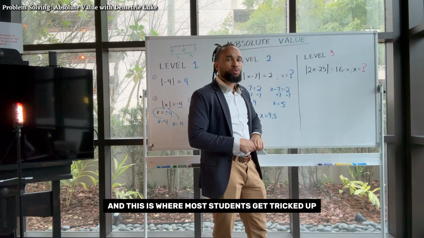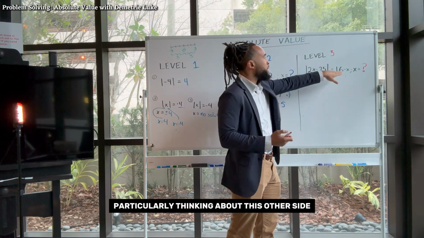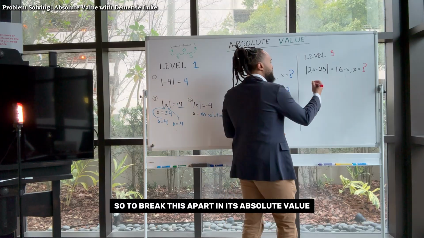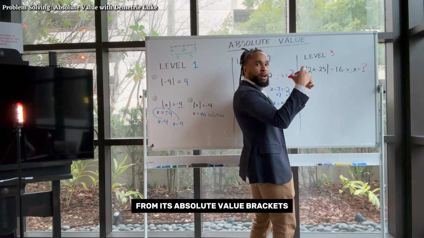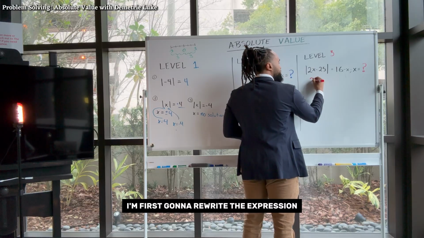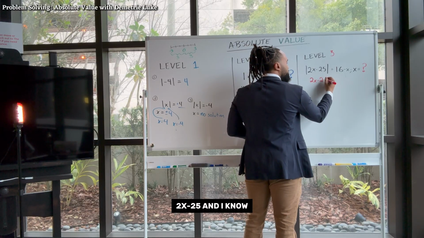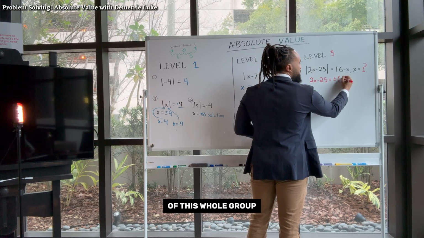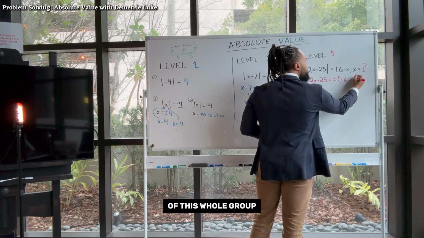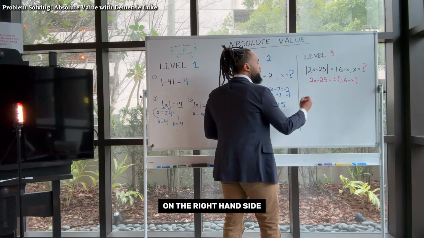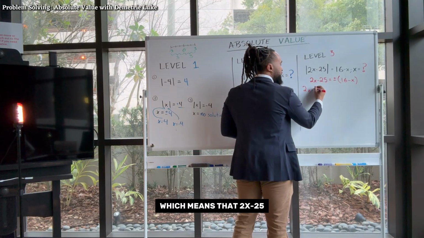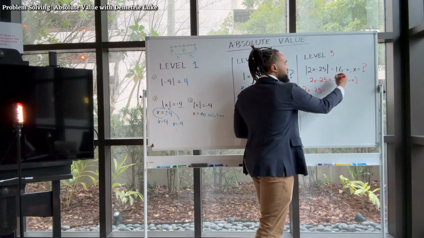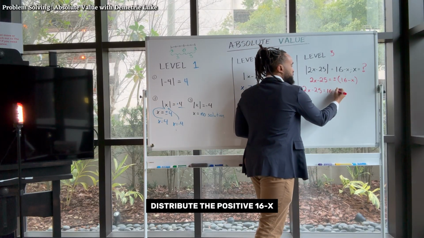And this is where most students get tricked up, particularly thinking about this other side. So to break this apart from its absolute value brackets, I'm first going to rewrite the expression 2x minus 25. And I know that's going to equal the positive and negative version of this whole group on the right-hand side, which means that 2x minus 25 is going to equal, distribute the positive, 16 minus x.